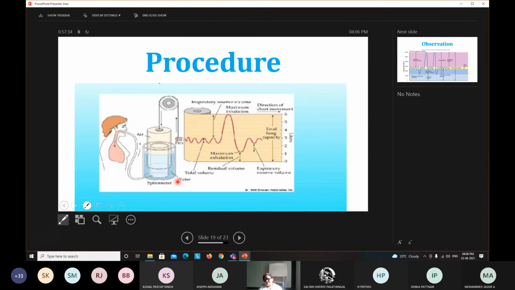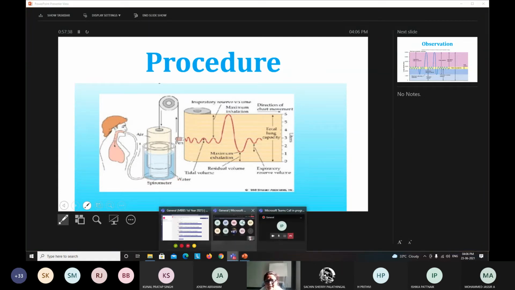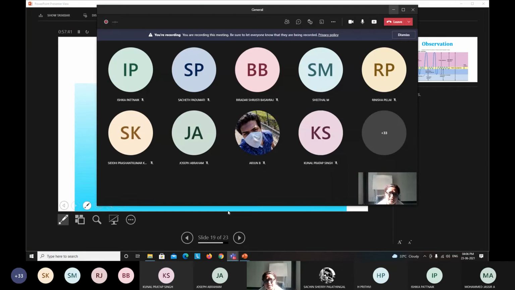Which are those capacities which use the residual volume for their calculation? Yes? Functional residual capacity and total lung capacity. Yes, exactly.